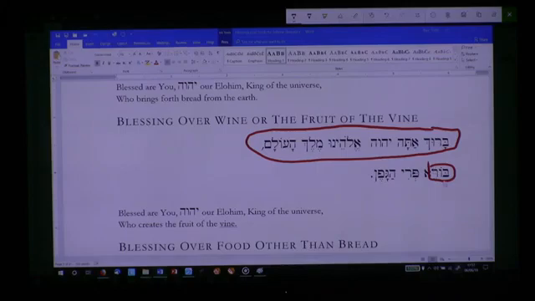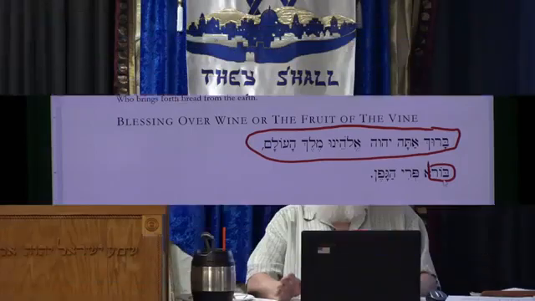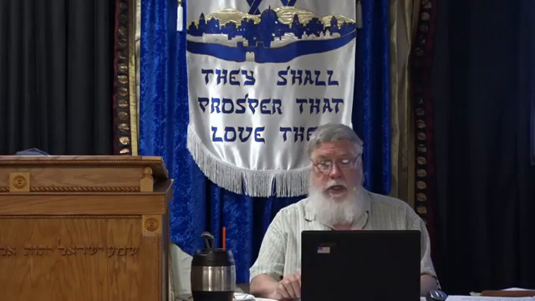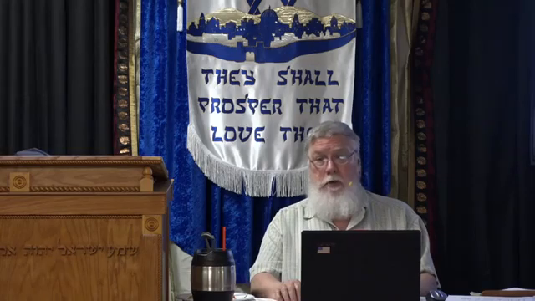When Yeshua turned the water into wine, he did not. He created the fruit of the vine. An entirely different way of looking at that. Turning water into wine is a magic act, sleight of hand. Creating the fruit of the vine is what everybody was so excited about, because only Yahweh creates.